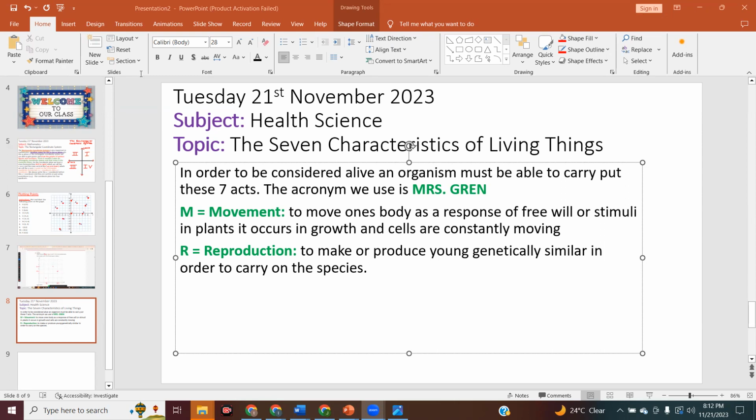Yes, sir. Give me one characteristic of living things. It can move. Very good. Ricardo, give me one characteristic of living things. I can't hear you.